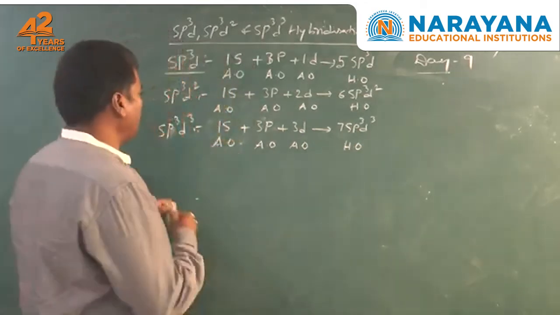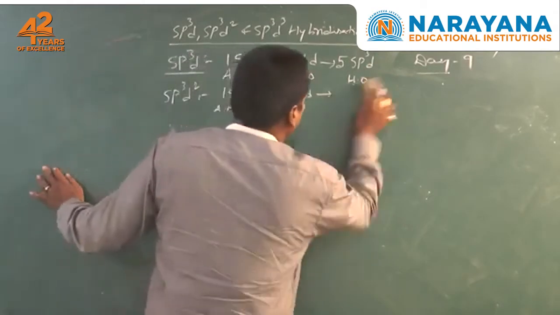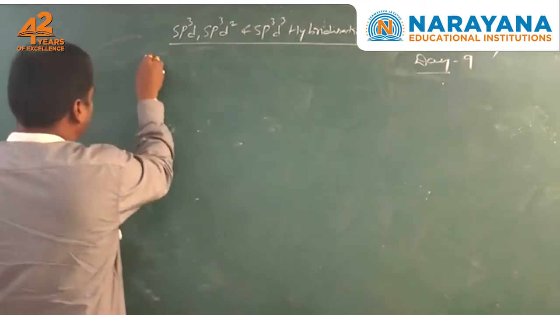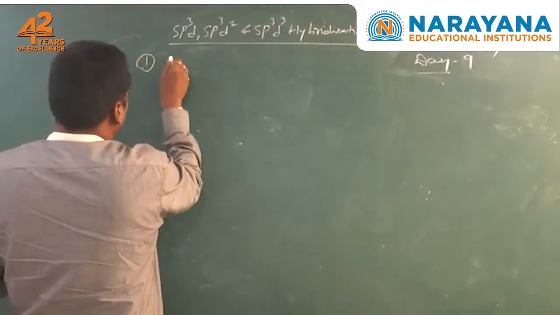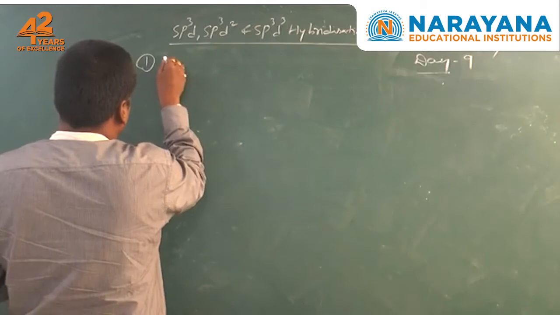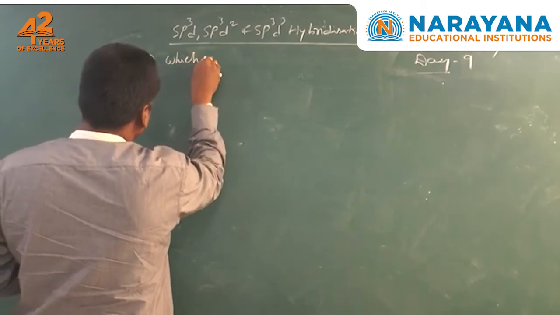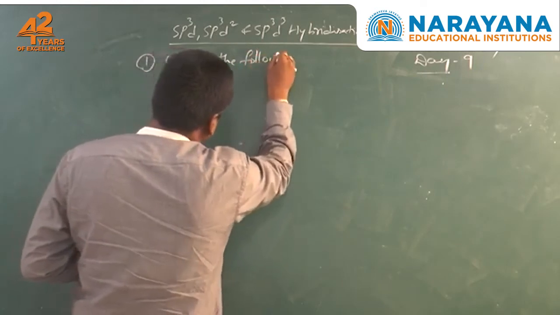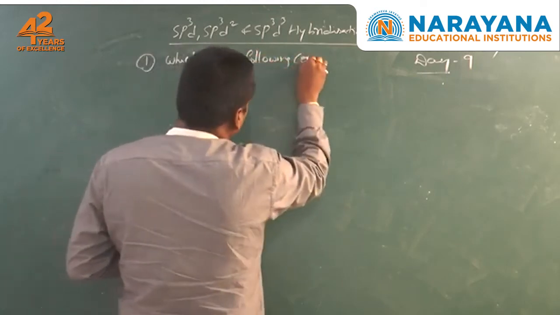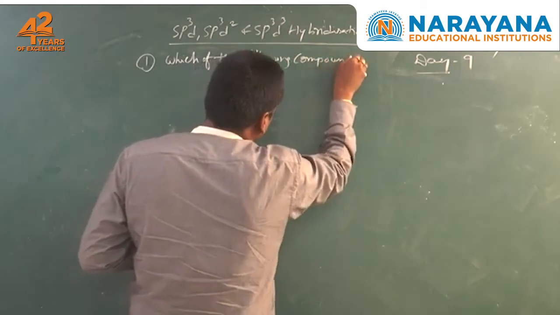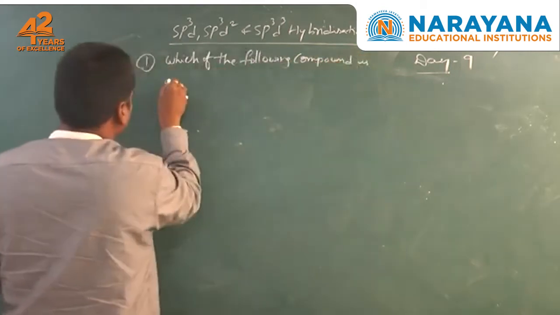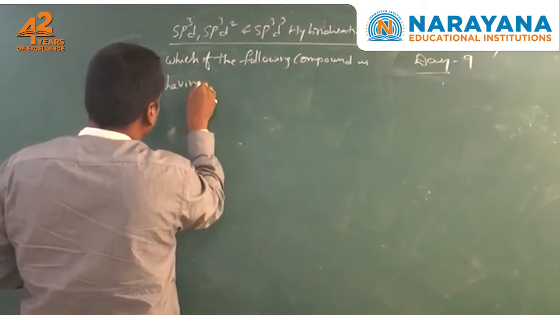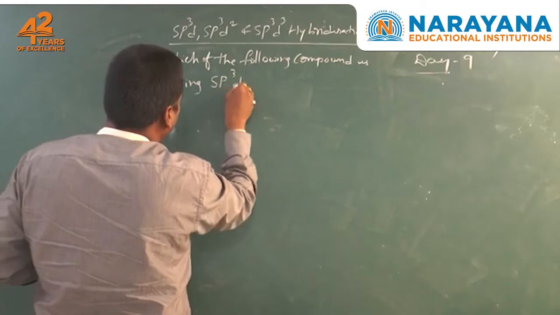Okay, now if we come to the examples related to this, the questions are asked like this. For example, the given question is: which of the following compounds has sp3d hybridization?